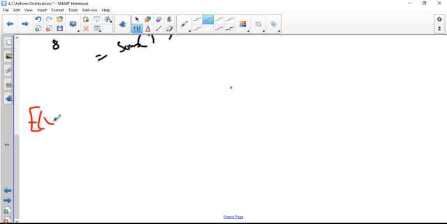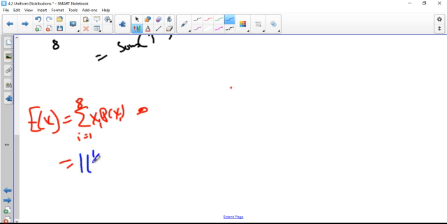So the expected value is equal to the sum of x p at x. And again, if you had just this part, 1 to 8, that would be fine. You wouldn't have to expand it all out. We can just put the values in at that point.